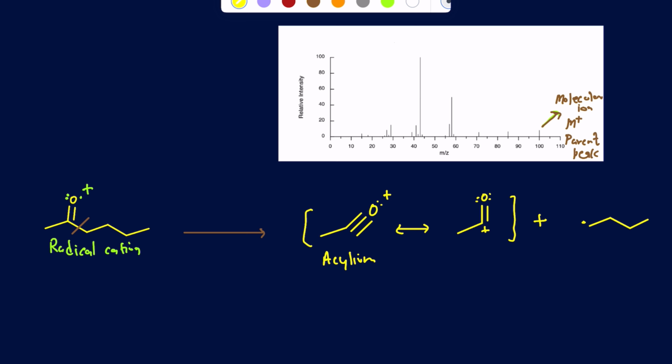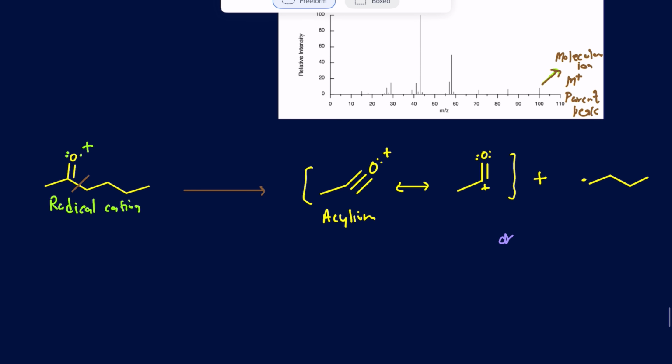It's not that I cannot do it the other way around. Another possibility would have been to create the radical and the carbocation the opposite way. If I created a carbocation here, that would be positive. I'm not going to draw both resonance structures, but let me draw one of them.